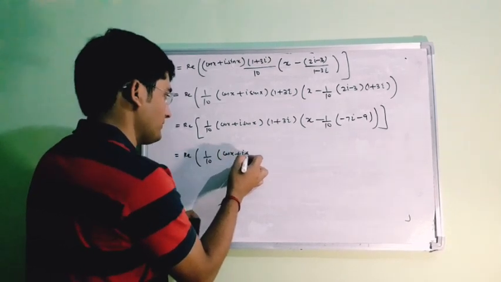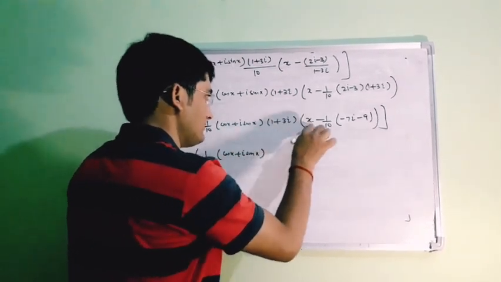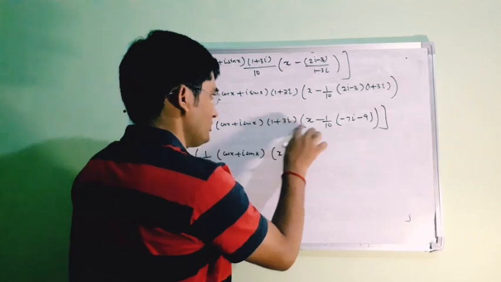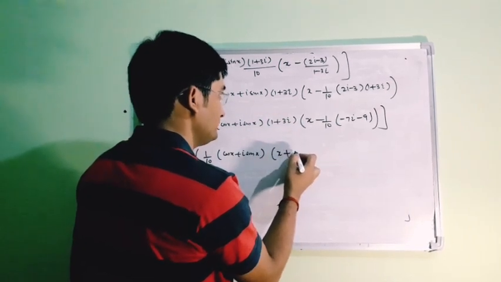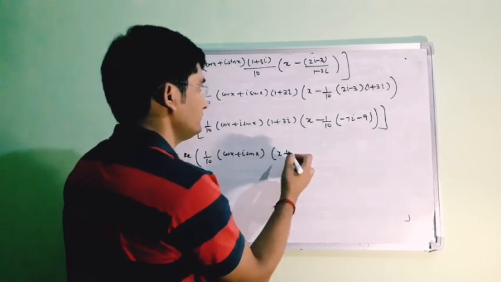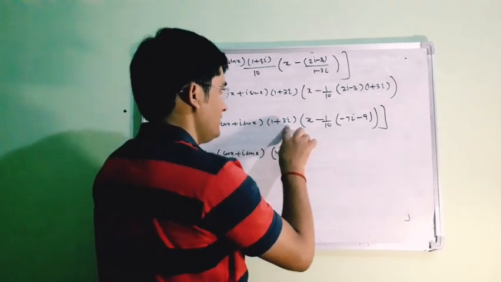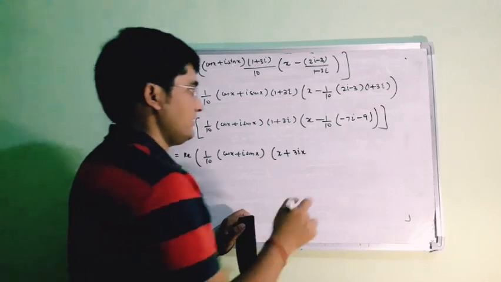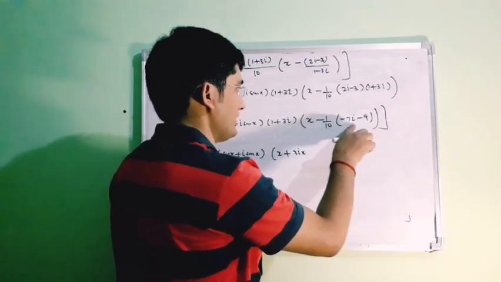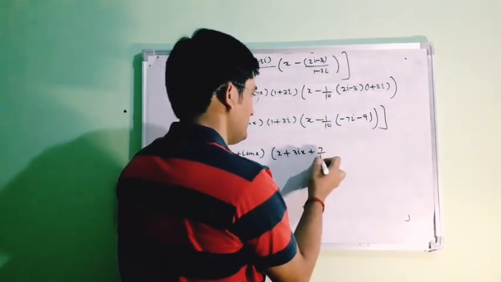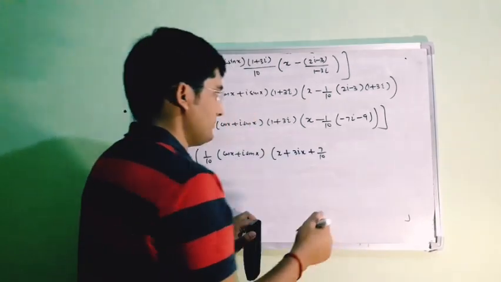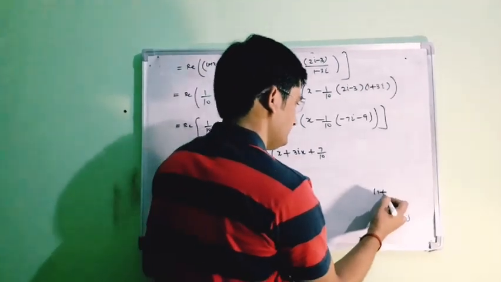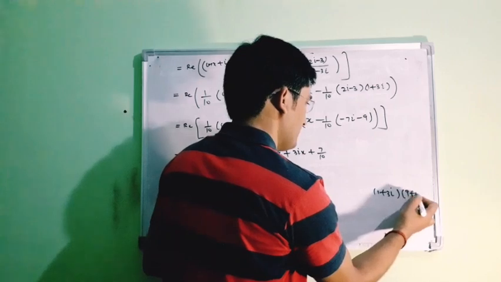Cos x plus i sin x, let us send this term in the bracket, so this will be your x plus 3ix, and here this will be your minus minus plus 7 by 10, 1 plus 3i and 9 plus 7i.